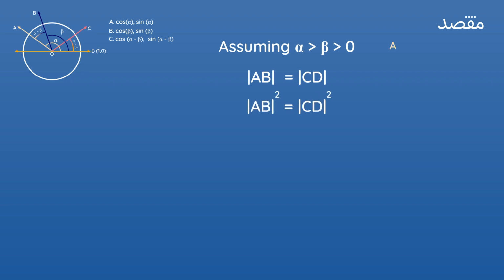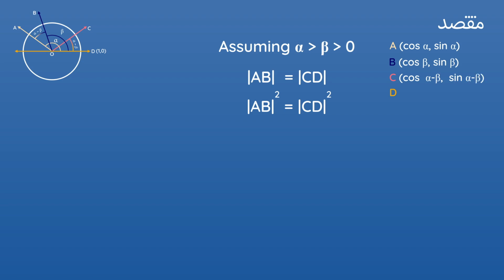Using coordinates of A, B, C and D, we will find the distance using the distance formula studied earlier. So coordinates of A are cos alpha, sin alpha, coordinates of B are cos beta, sin beta, coordinates of C are cos alpha minus beta and sin alpha minus beta, and coordinates of D are 1 and 0.